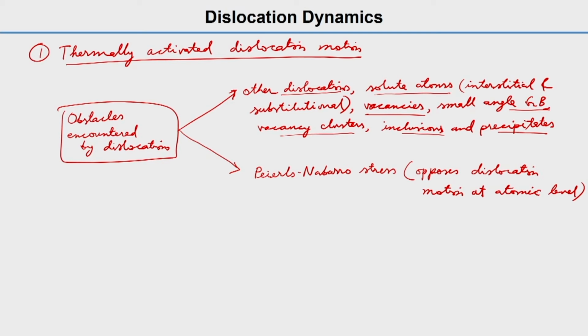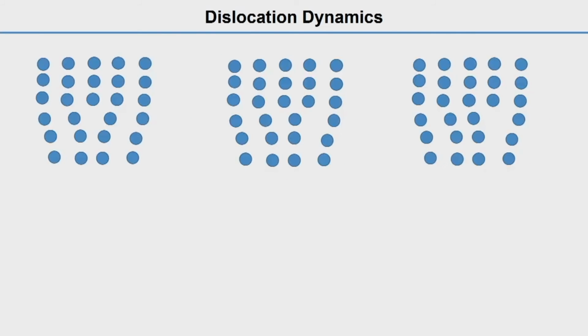It opposes the dislocation at atomic level because it involves an obstacle or barrier of, let us say, one atomic distance. So we will see what is that Peierls-Nabarro stress.